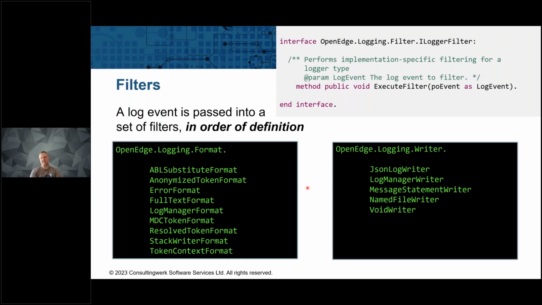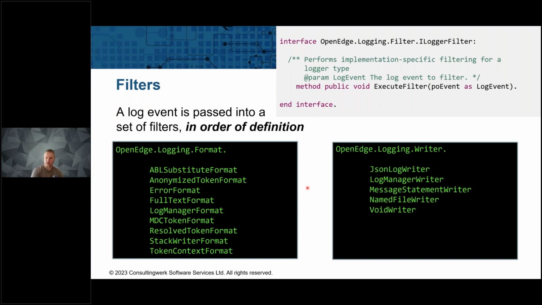And then there's a couple of writers. The void writer, which effectively is a way of turning a filter logger into a void logger, which is a bit silly. The log manager writer knows how to write to a log manager. Named file writer, we saw a little example earlier, just says go to a particular file with a particular name.